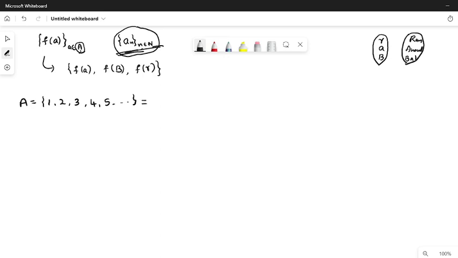The general notation is capital N. Okay, let us write some simple examples. If I write f of n equal to n, then it is a function on all natural numbers.